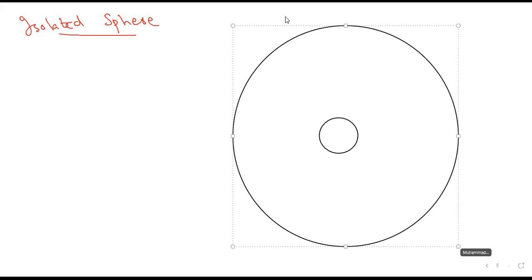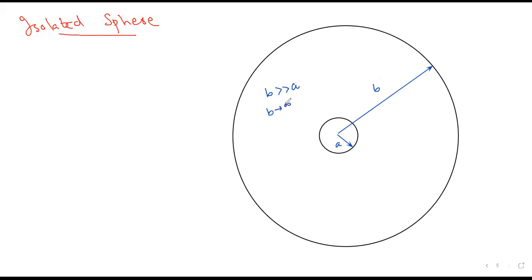So say from this central point, this is A, and this will be B. Now you can see that B is very, very far away from A. So B is approaching infinity.